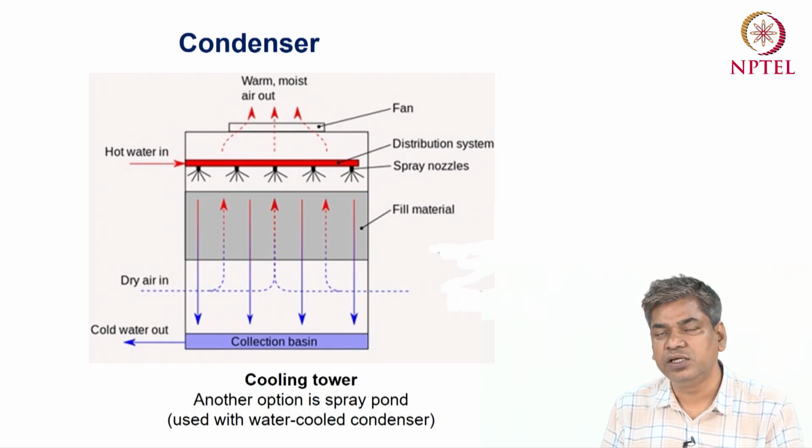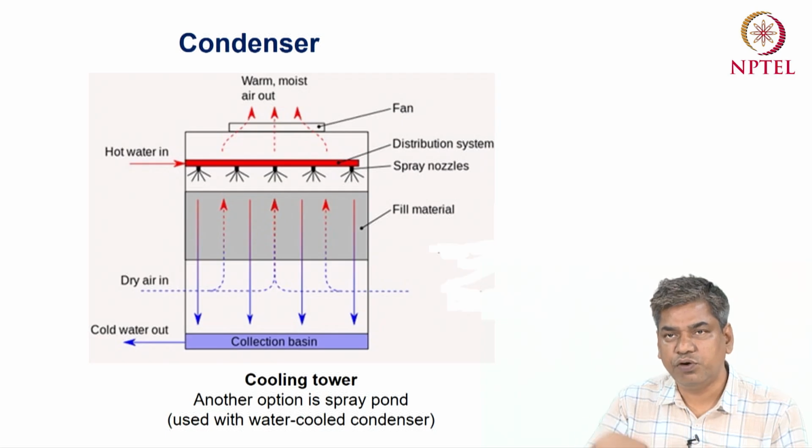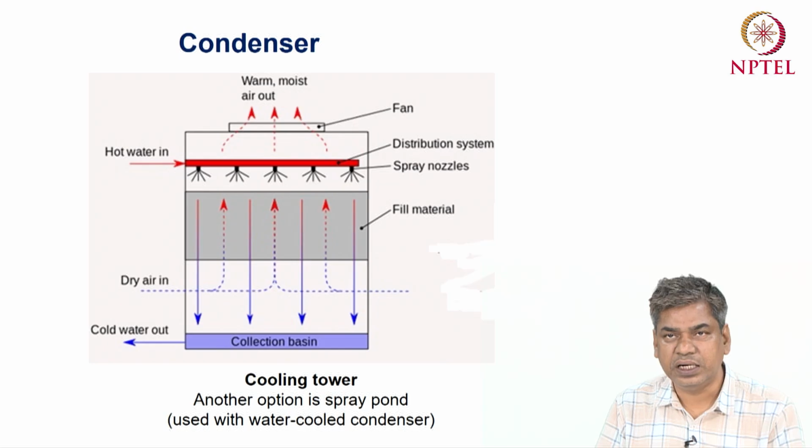In this case there is both heat transfer and mass transfer. You can see in the figure that the top of the cooling tower is open, and water is sprayed from the top, and in between there is some fill material, that means some porous structure.